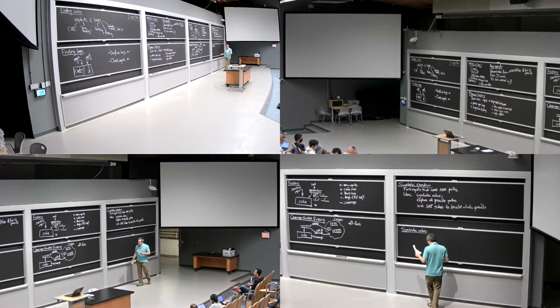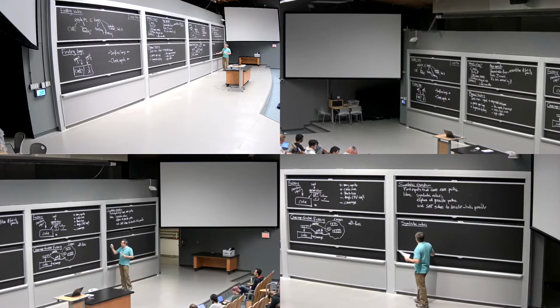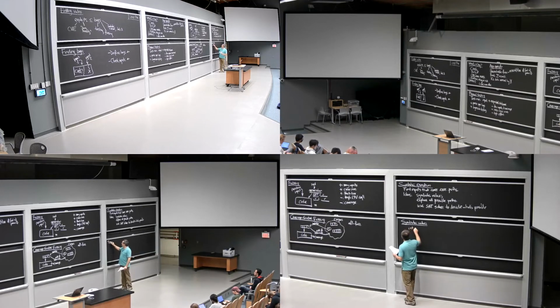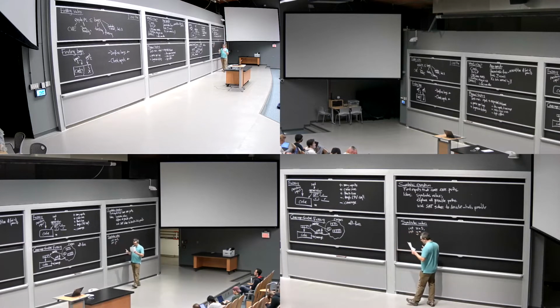Here's a toy example. You might have some code, int x equals 5, and then we'll have a variable y, and this thing is going to be symbolic. So instead of being 5, we'll call the value alpha. It's not a bit at all. It's not an integer. It's an alpha. Could be anything, as far as we care so far.